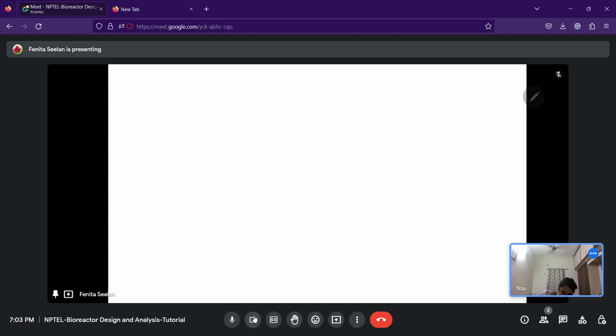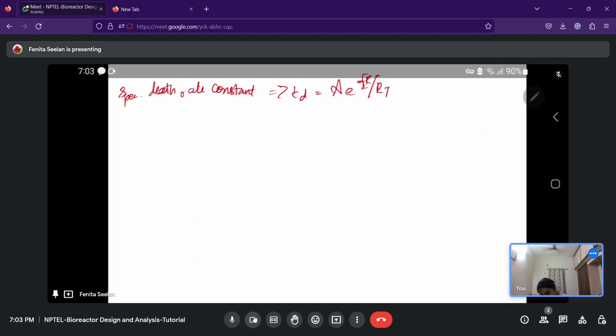So we all know that your specific death rate constant, which is Kd, can be calculated from your Arrhenius equation. Kd is equal to A e power of minus E by RT.